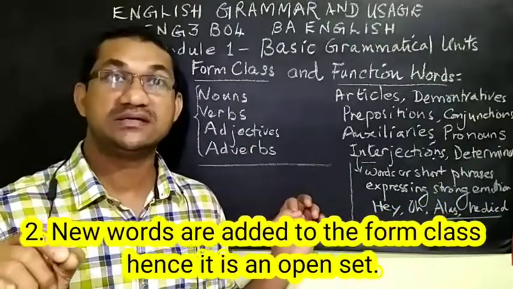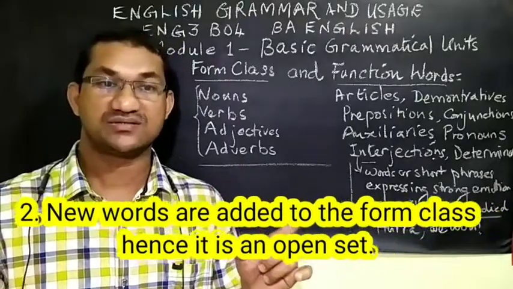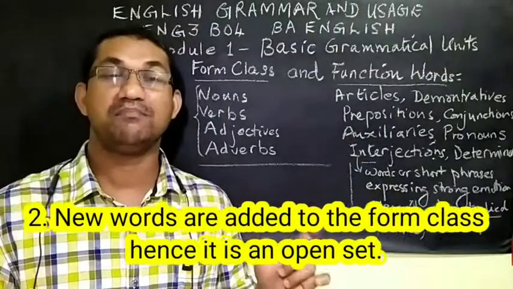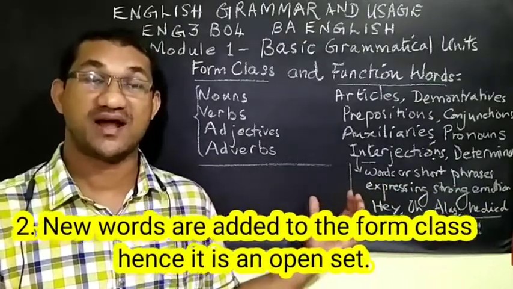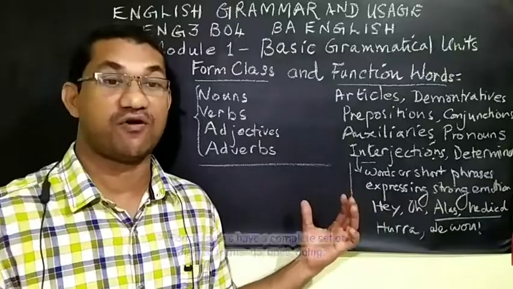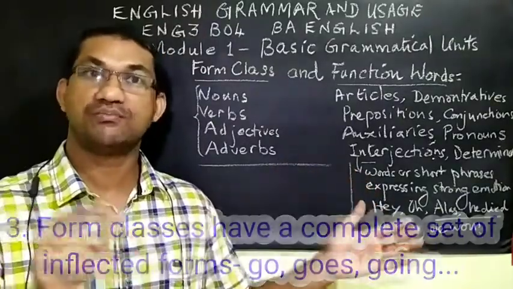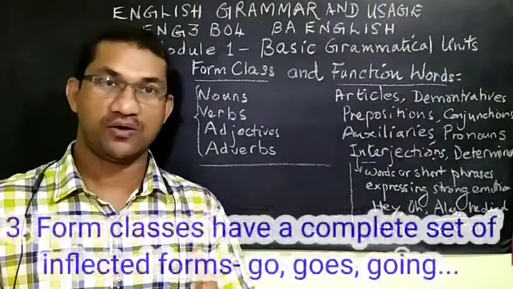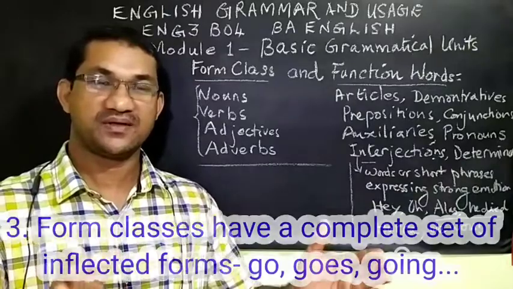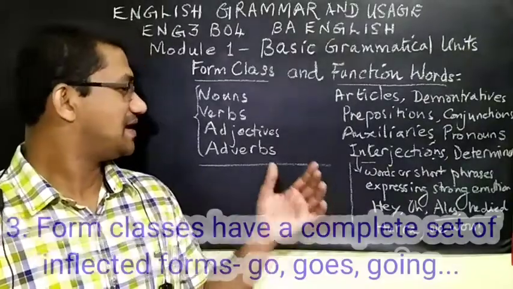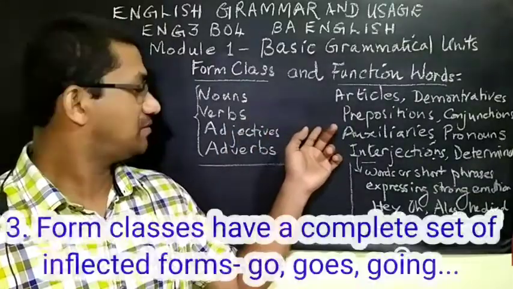Now we look at the third aspect of form classes. Form classes have each a complete set of inflected forms, like we say boy, boys, boy's, John, John's. Similarly, we can also say go, goes, going, gone.